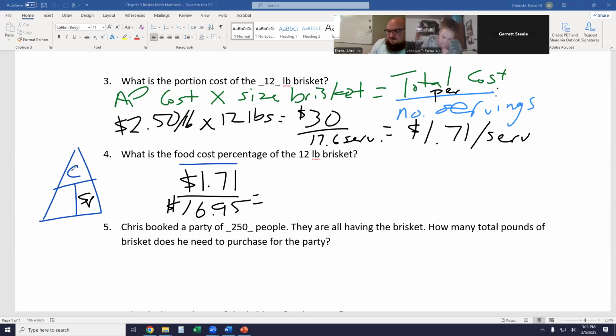So my 1.71 divided by 16.95 is essentially 10%. 10.1%. Okay, 10.1%. Questions, comments, concerns about 1 through 4?